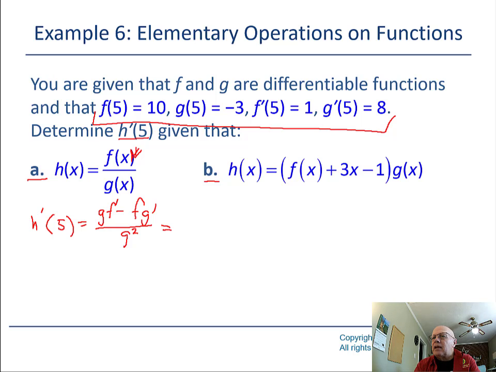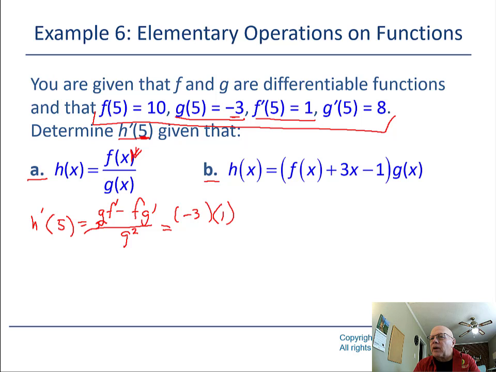G is, remember, we've got a 5 in there, so g, there it is. G of 5, remember we're putting 5 in for the x's. So this, right here, this g, becomes negative 3. F prime, that's f prime of 5. F prime of 5 is right there. Got a 1.